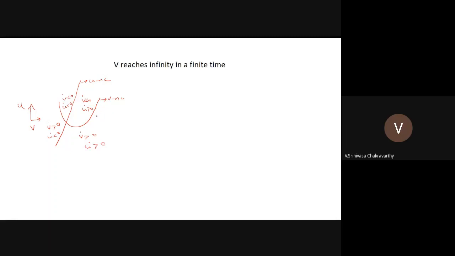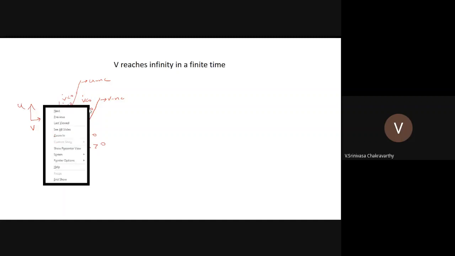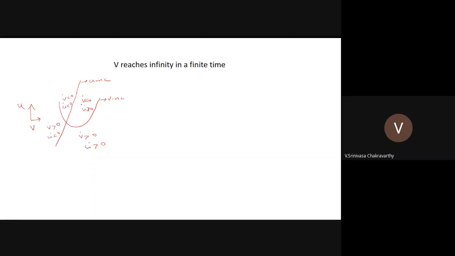You can see that just like before, if you are here, V dot is negative, and the U dynamic is somewhat smaller in magnitude. The signs keep changing, but it's smaller in magnitude compared to V dot. So here the flow is to the left and V dot is positive, here also flow is left but downwards, here flow is to the right and down, and here flow is to the right and above. So some kind of circulation is going on here also. But again, like last time, you can show that if it is to the left of this minimum, it will be a stable point, maybe a stable focus.